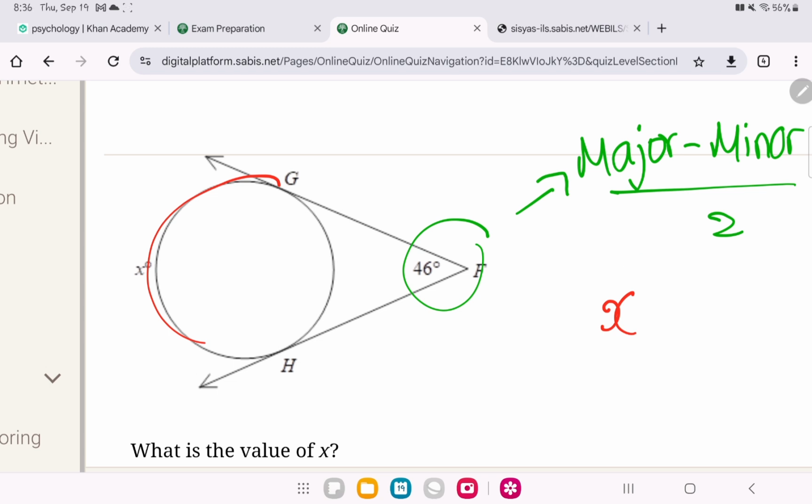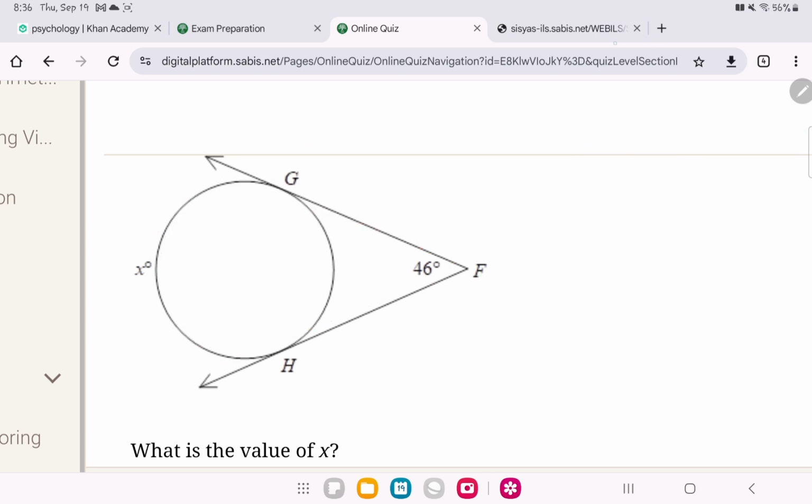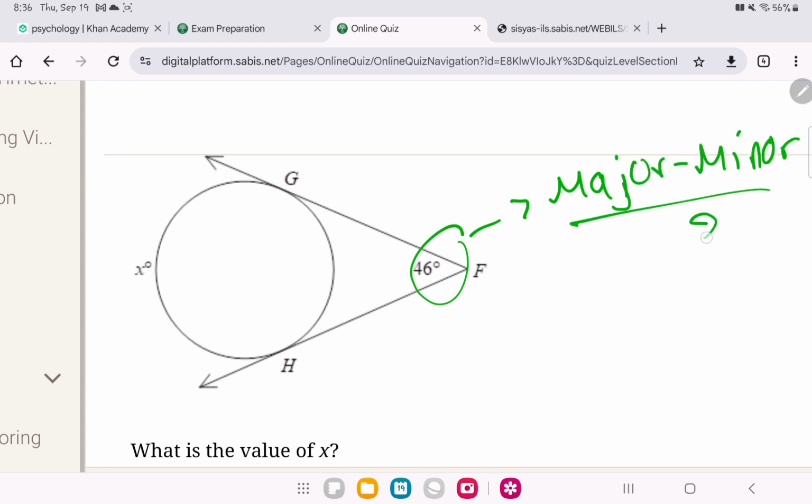We know that in a circle, the measure of the angles are 360. If you notice, these are two tangents, so they're touching the bigger and the smaller arcs as well. So again, exterior angle is major minus minor over 2.